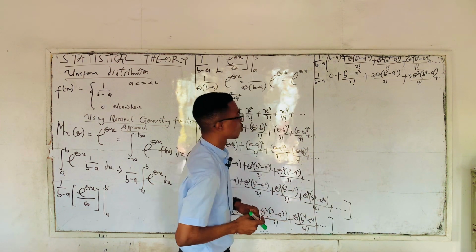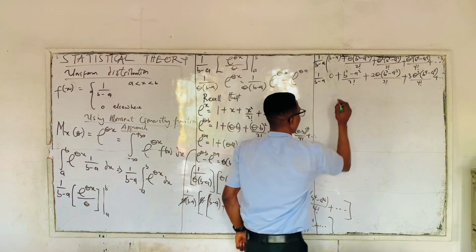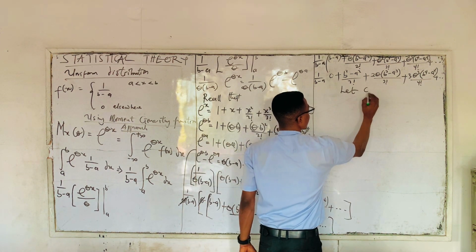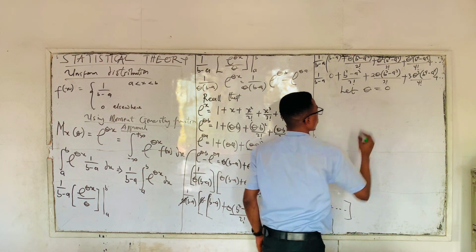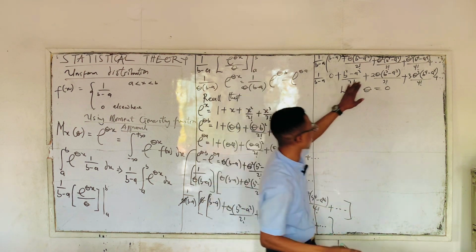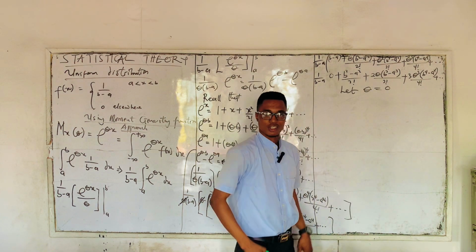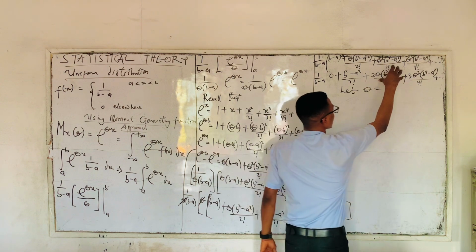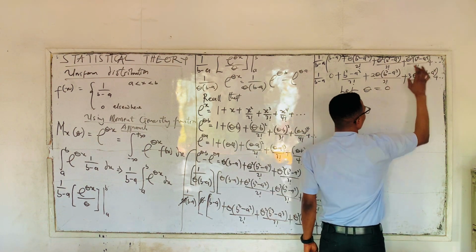Now, what we need to do next is let theta equals 0. Meaning, anywhere we see theta here, we put 0. Mathematically, this expression becomes 0. This expression becomes 0.